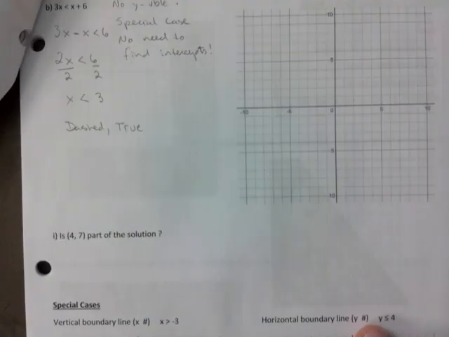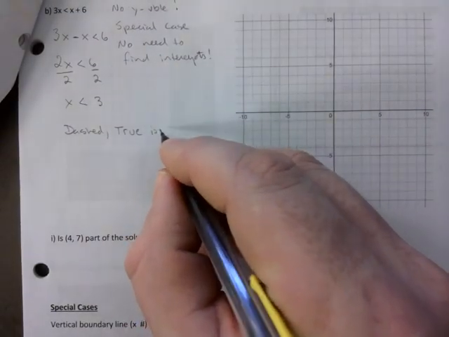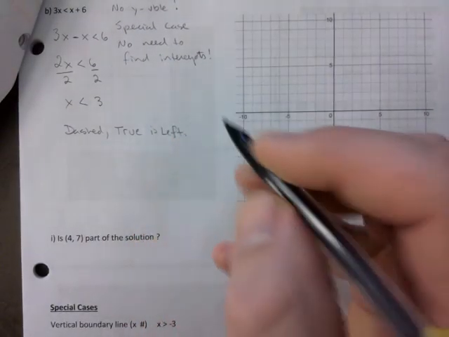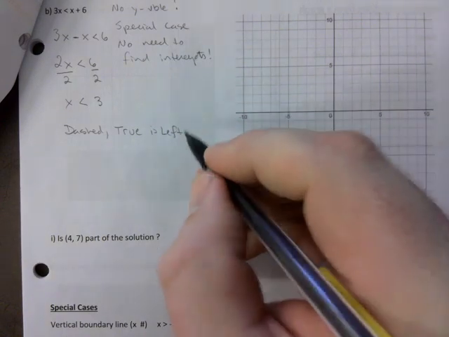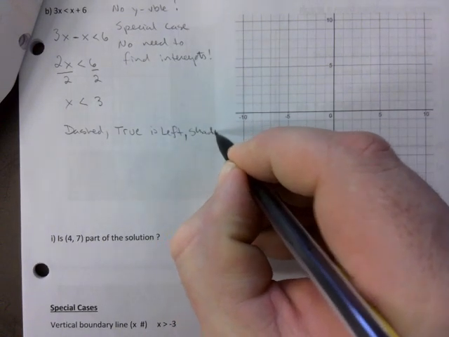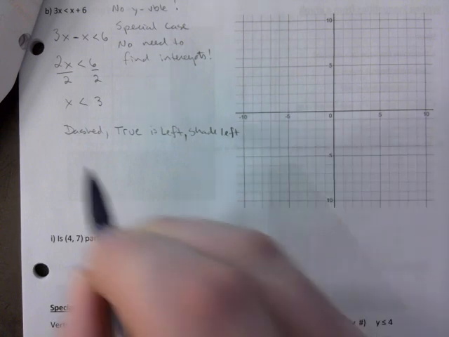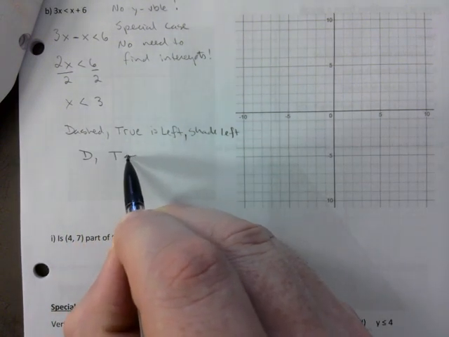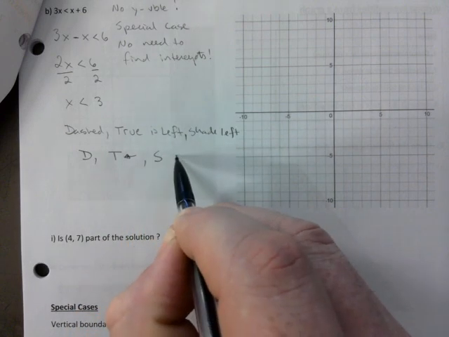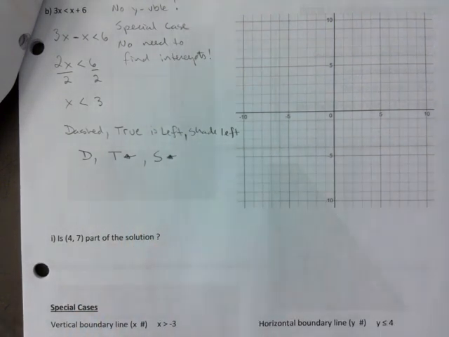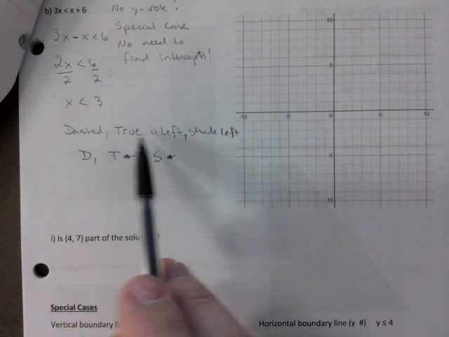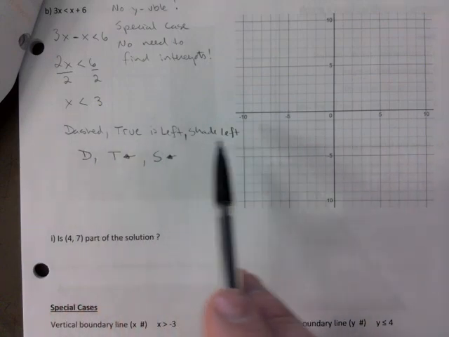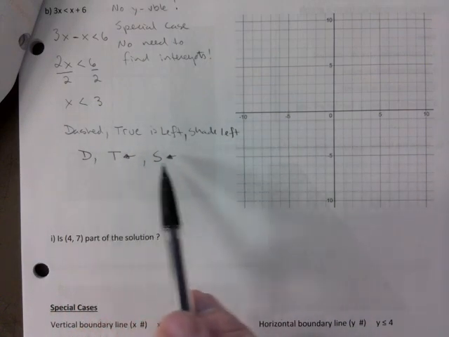So true is left. Shade left. But the shortcut is dashed, true is to the left, we're going to shade left as well. I'm soon going to get rid of this. My answer key will not have this. It will just have this. Okay.